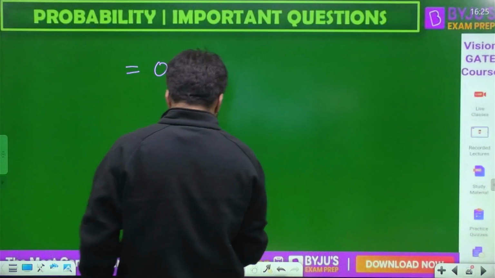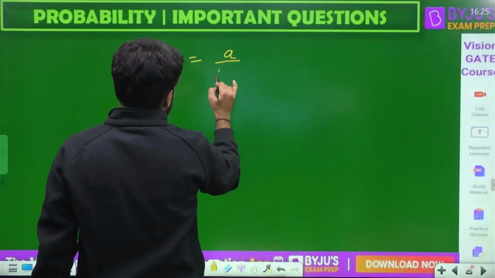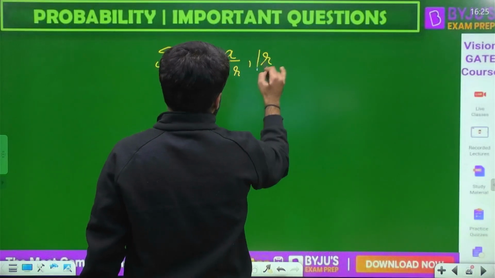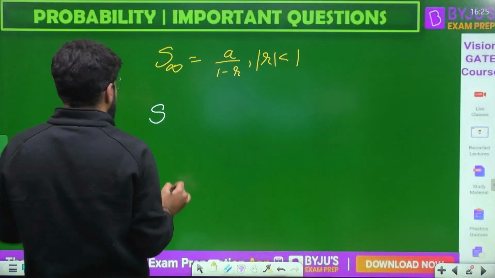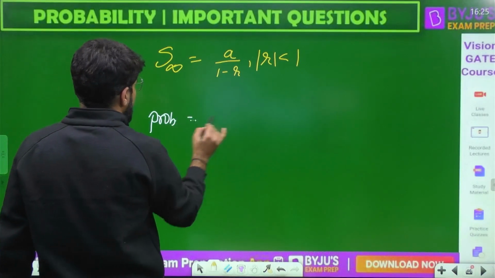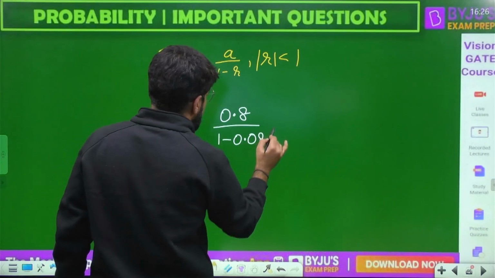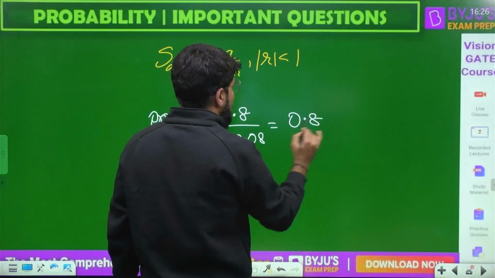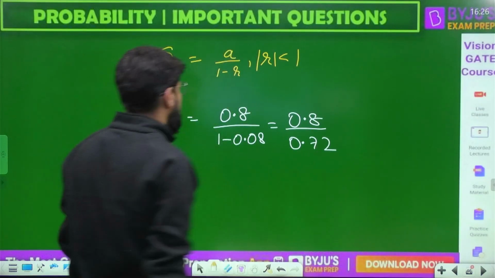The sum up to infinite terms is given by the formula A upon 1 minus r if modulus of r is less than 1. So what will be the sum to infinite terms? Here the probability will be A, first term 0.8, divided by 1 minus common ratio, that is 0.08. So 0.8 is divided by 0.92.